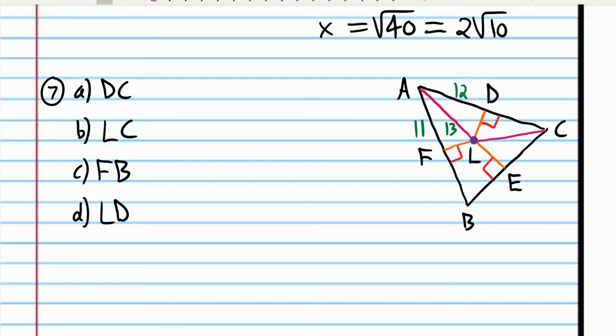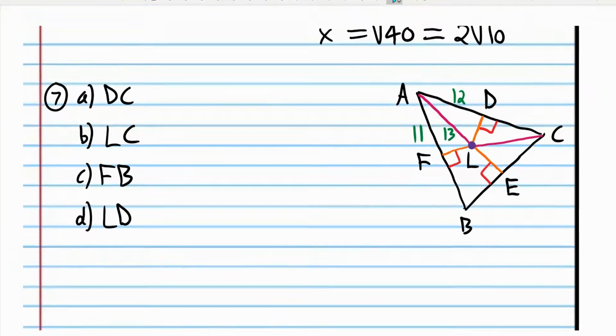And you might have to use the Pythagorean theorem. And why do we know that these are perpendicular bisectors? Well, because they go through the circumcenter. We're told that L is the circumcenter, and they're perpendicular to the sides because of these red boxes. So go ahead and try number 7, and when you come back, we'll do it together.